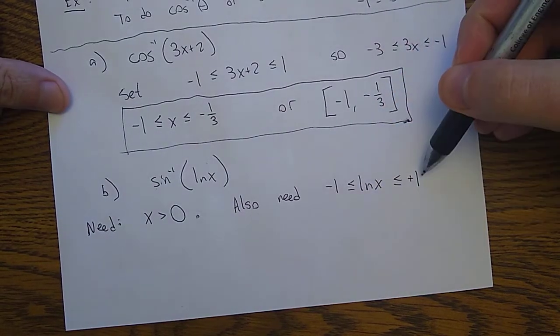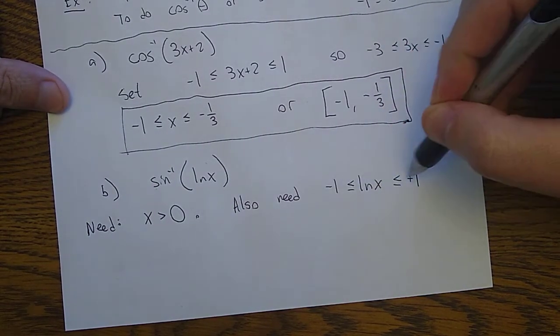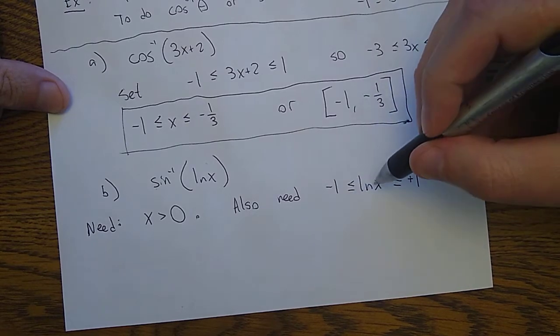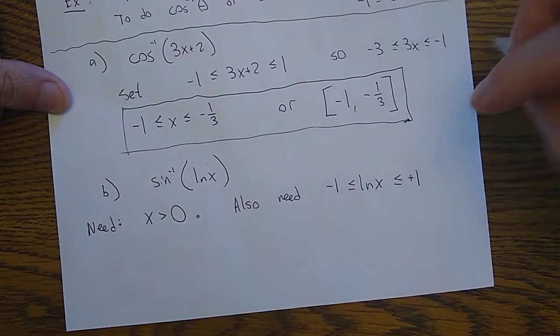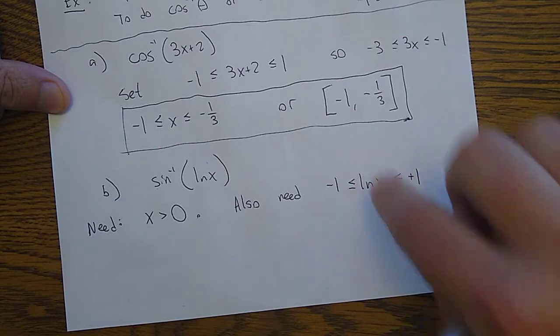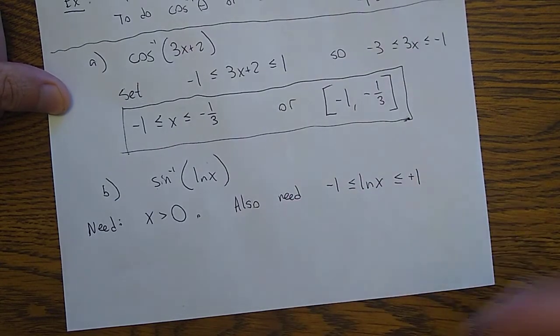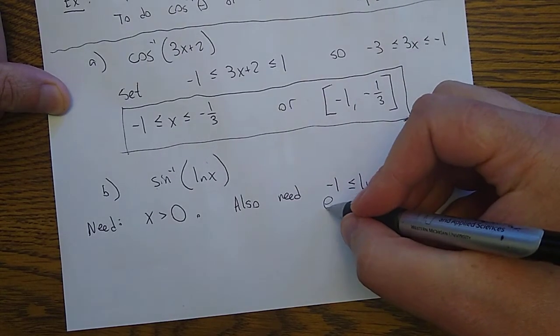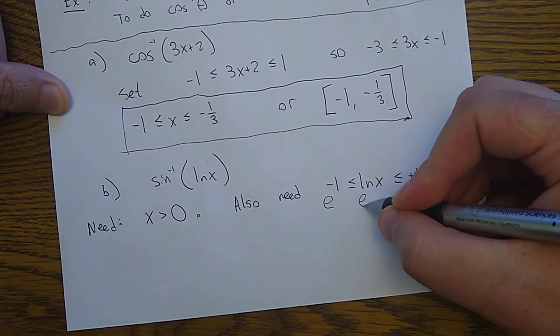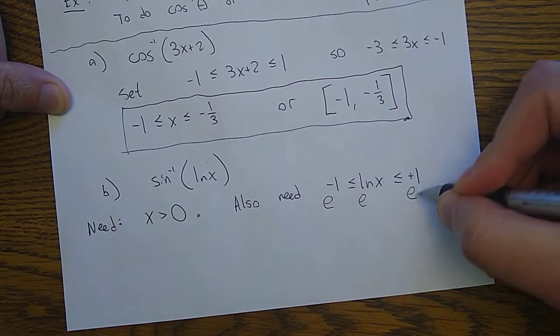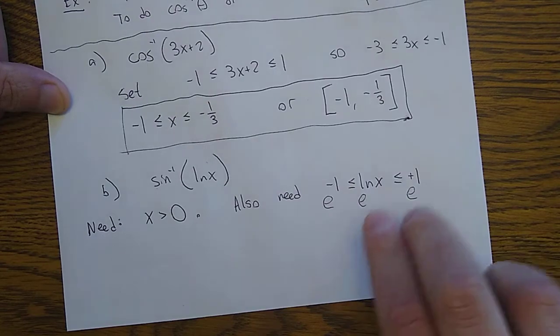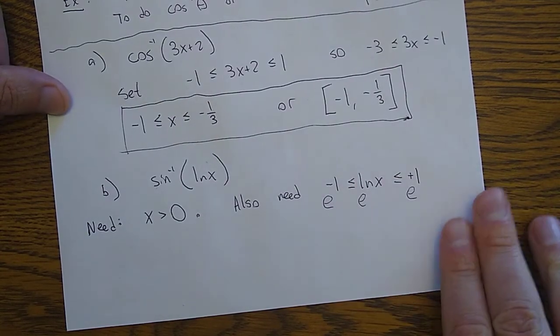So let's solve this. The nice thing about this, if you remember, is that the way you get x out of a natural log is to do e to this power. And I can just do e to everything, e to this power, e to this power, e to this power. And the inequalities go the same direction.